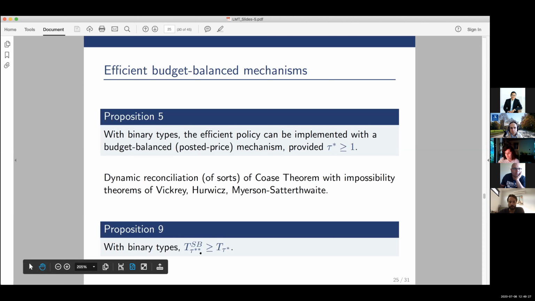Okay, now going back to incentives. With binary types, you do not have the general impossibility theorem of Myerson-Satterthwaite. That depends on the parameterization. Of course, if you don't have impossibility with binary types in a static setting, then this here is going to hold with equality.